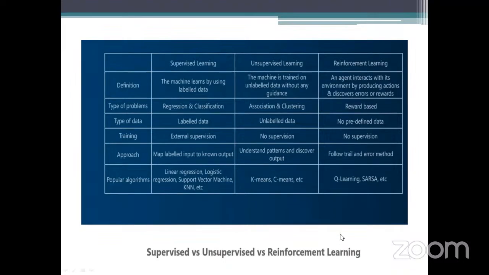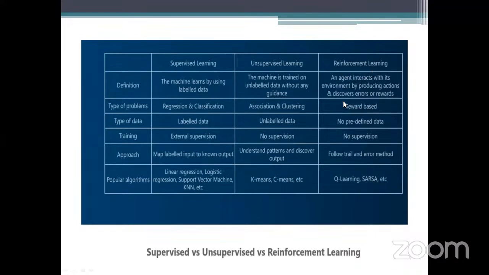The second thing is the type of problems. What are the types of problems? First one, regression and classification. Supervised learning is mainly done by classification. And unsupervised learning is association and clustering, the grouping, right? The Tom and Jerry will be grouped, as we already saw last day, right?